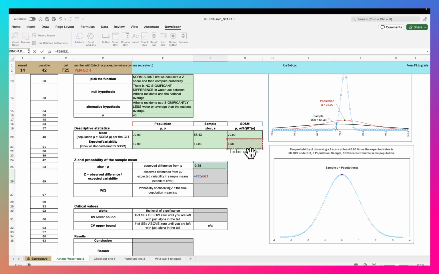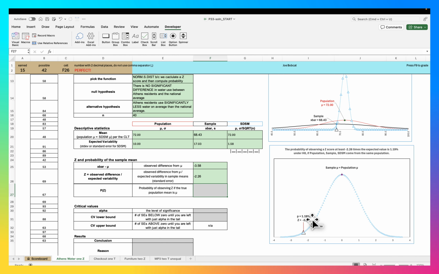I told you this number would come back to play. That gives a z-score of negative 2.26. You can see that z-score down here, the negative 2.26 and its associated probability, which is 1.19%. That's not a real high probability.